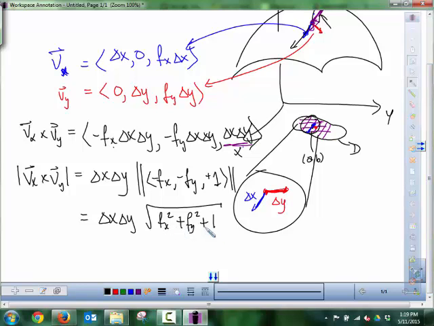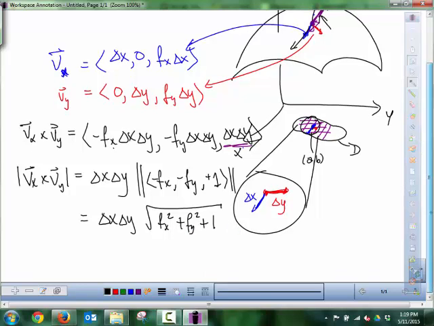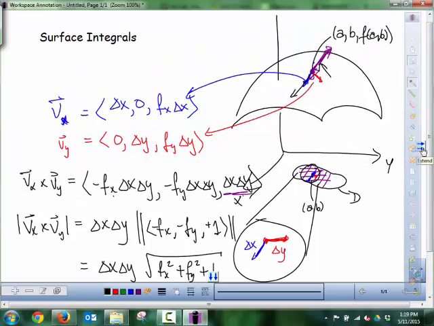So this business looks like it gives us a surface area. Surface area of what? It looks like it gives us the surface area of a small piece of that surface that we're looking at.